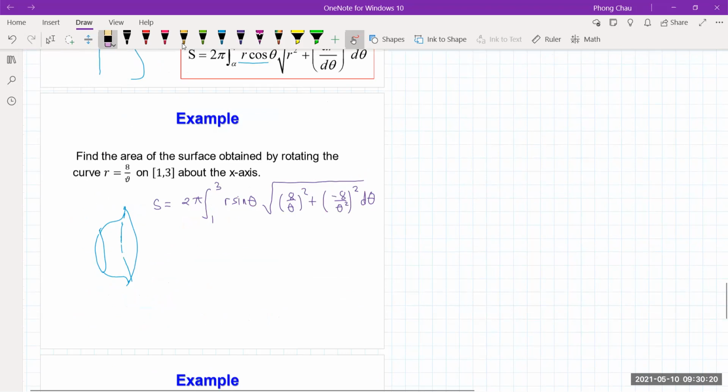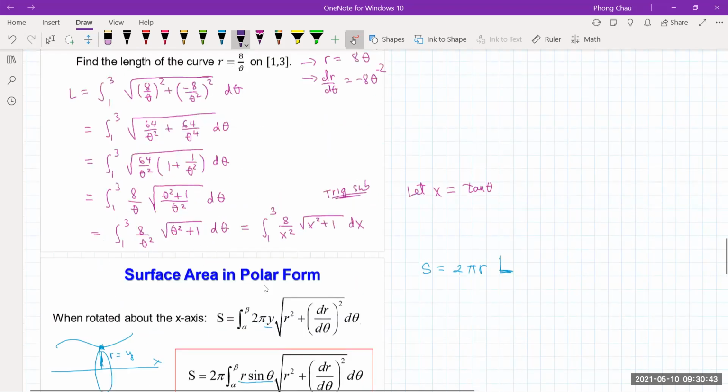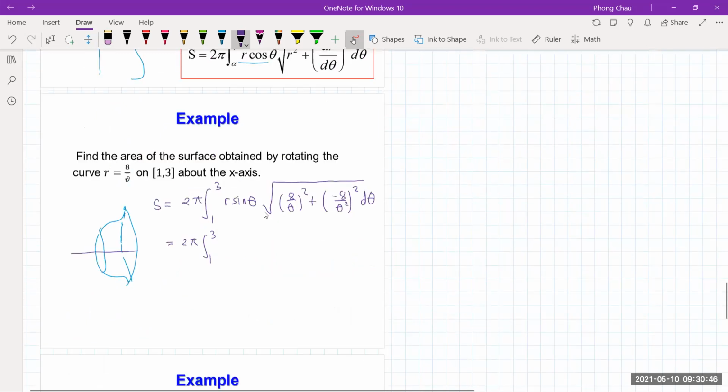Now, since we did all the work, it's pretty easy to simplify, right? Let me see what we got up here. It'll be 8 over theta squared times the square root of theta squared plus 1, d theta.